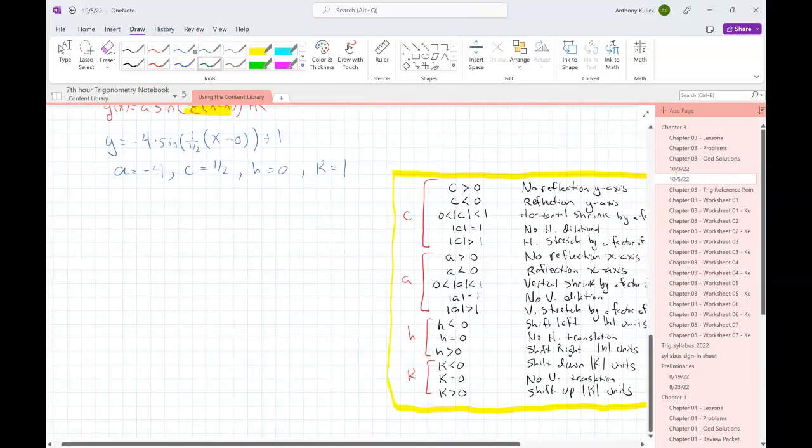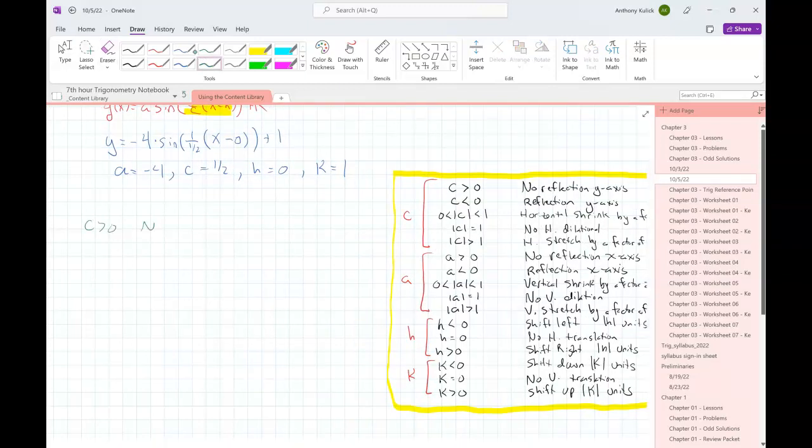Since c is positive, we have no reflection on the y-axis.